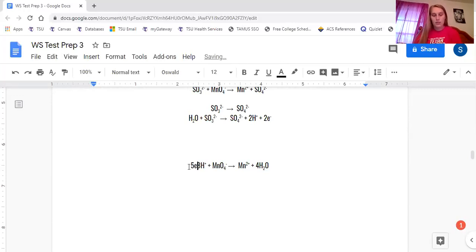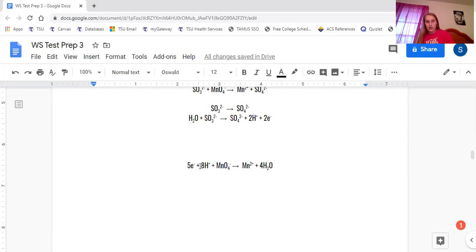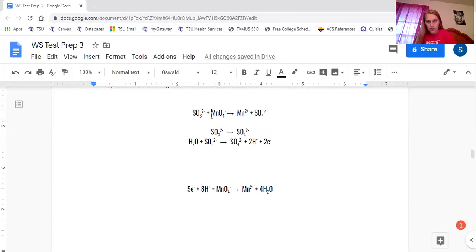So we're going to add our 5 e minus. Okay, and so that balances out this one. So now we're going to take these 2 equations, and I forgot to leave that other one here so you can see the process there. That's what this one started as.